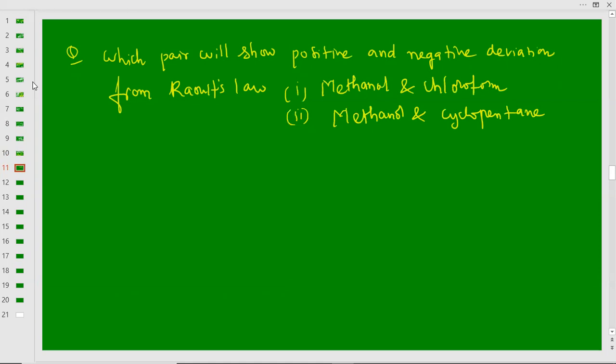Understanding one thing from these exercises is very clear. In the first one, methanol and chloroform, between methanol and chloroform, methanol has hydrogen bonding.